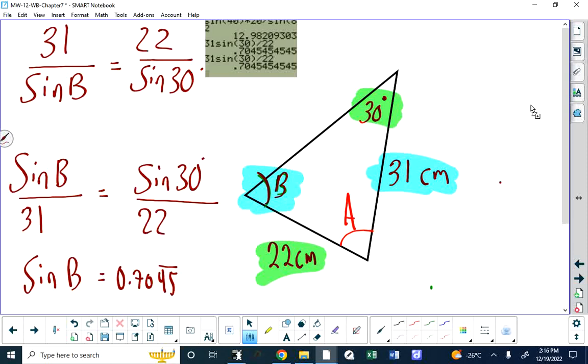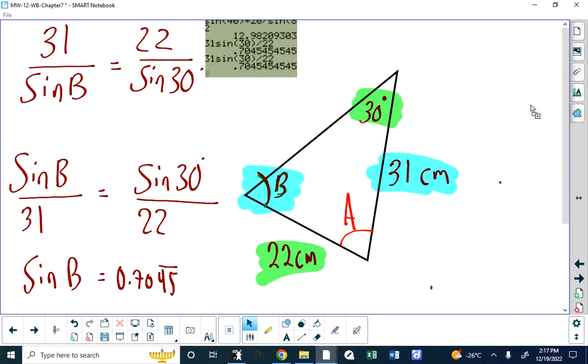Do you know what we have to do to get the angle? Don't remember? But we've done this before with sine and cosine and tangent. When you're trying to find the angle, you have to go inverse sine or second sine, or there's a lot of different ways to describe it.